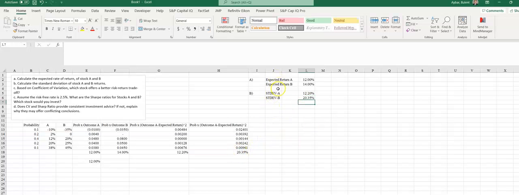So we have the expected returns and standard deviation. These are telling us what return we should expect, and these are telling us about the risk of the asset.